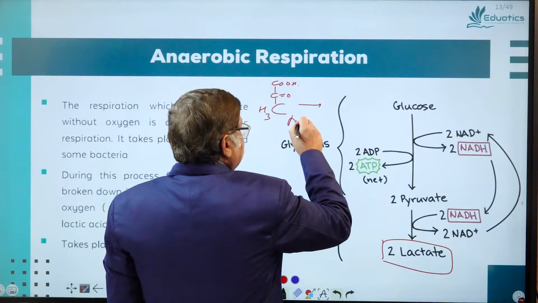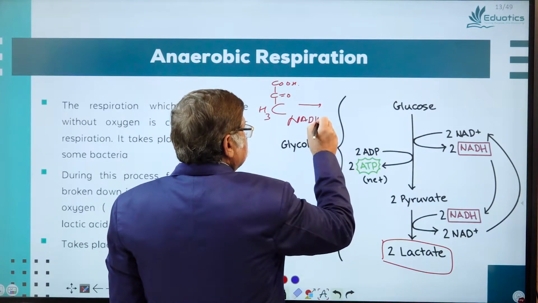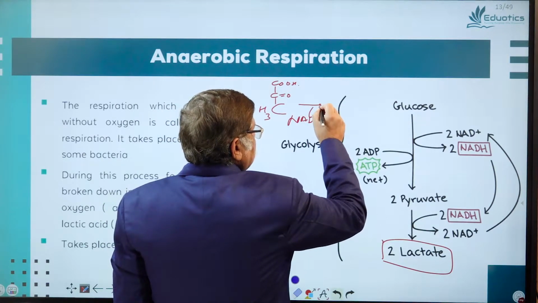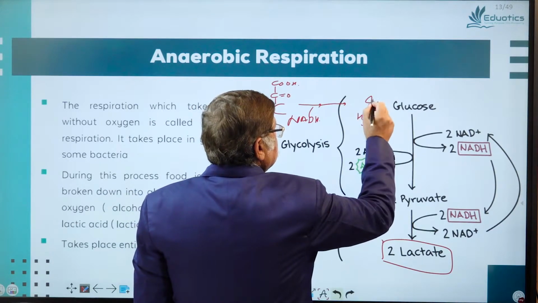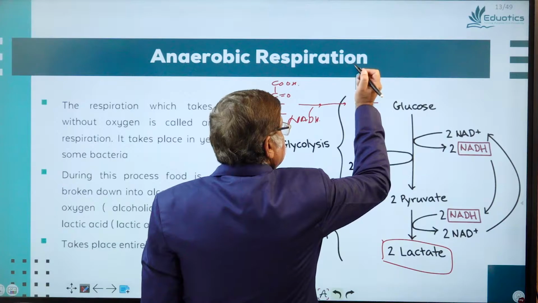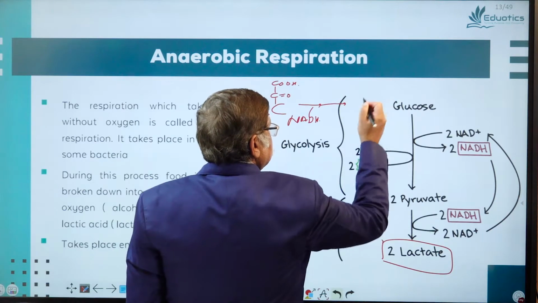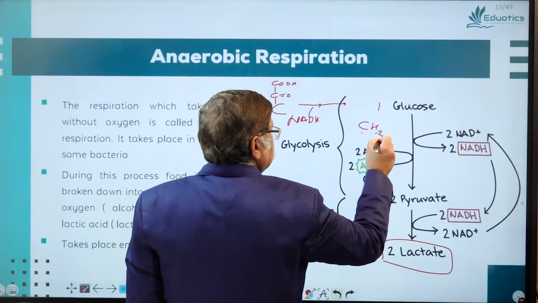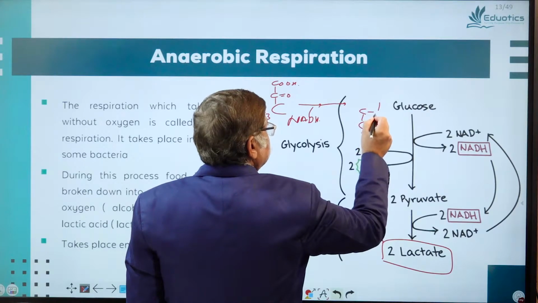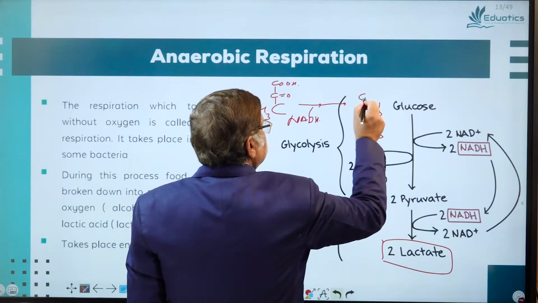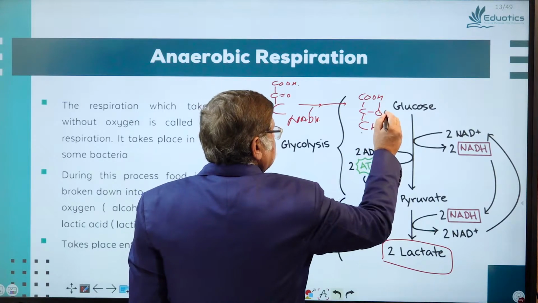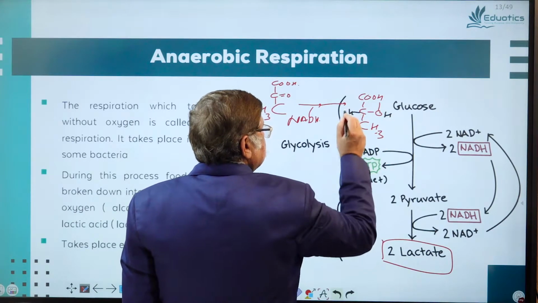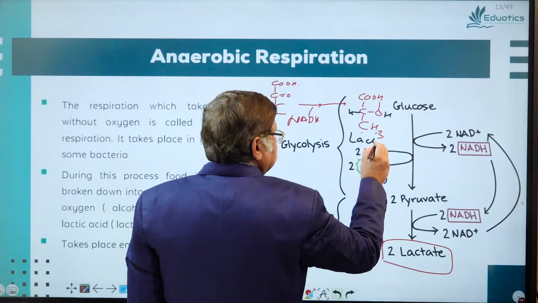Taking hydrogen from NADH, it is converted into lactic acid.